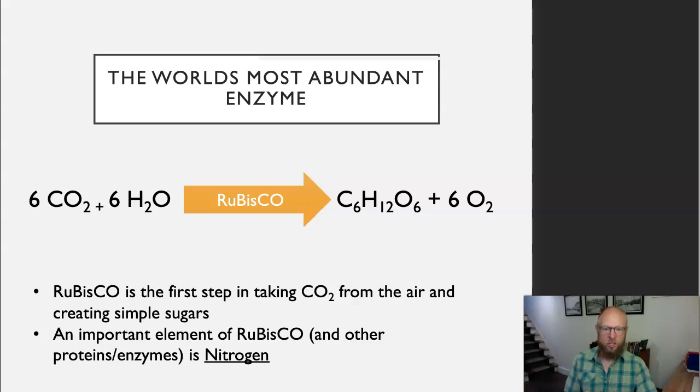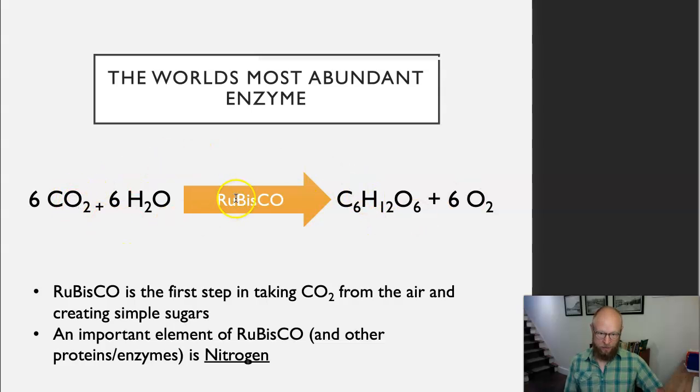So this is just the general reaction of photosynthesis. You've probably seen something like this before, but when a plant does photosynthesis, every time it fixes or combines 6 molecules of CO2 with 6 molecules of water, it can produce this particular simple sugar here and then release 6 molecules of oxygen.